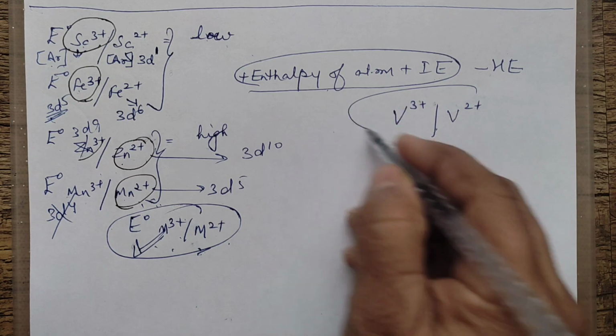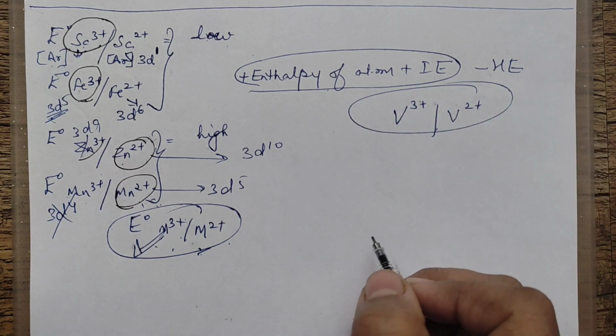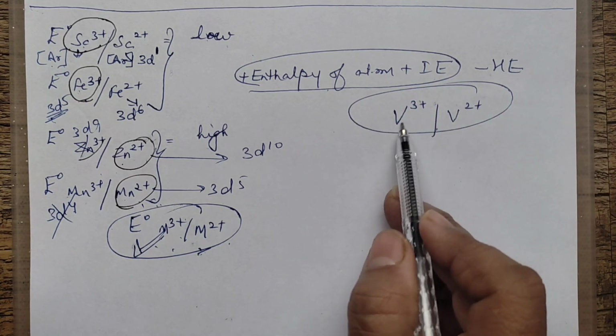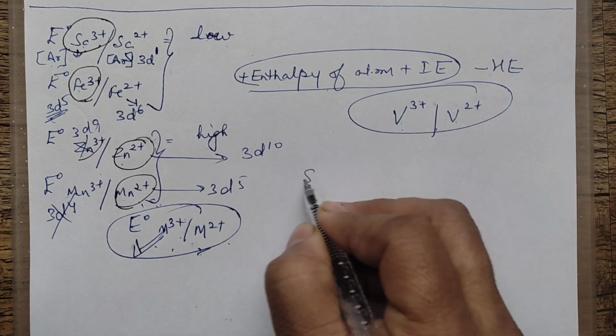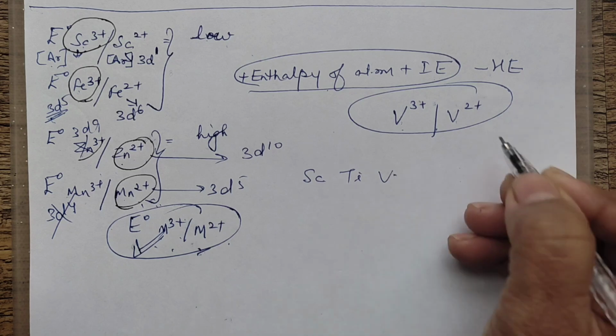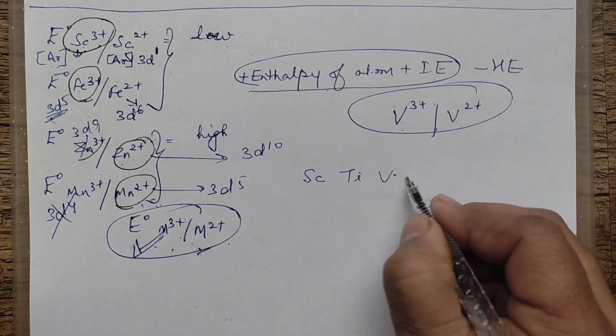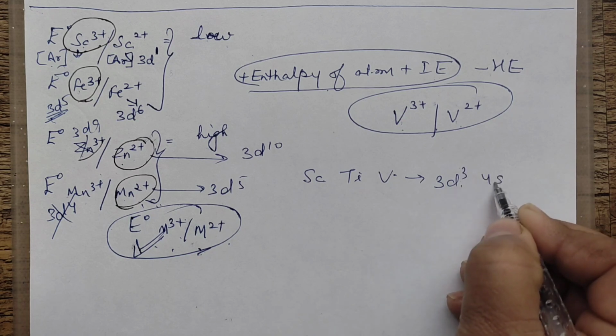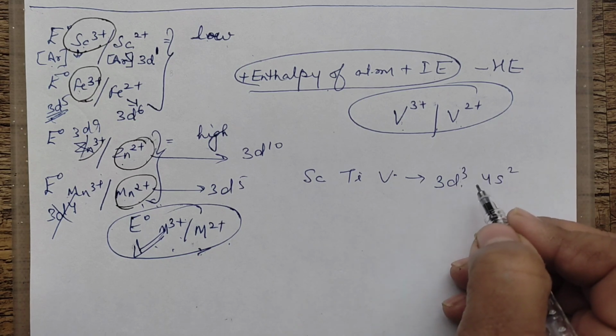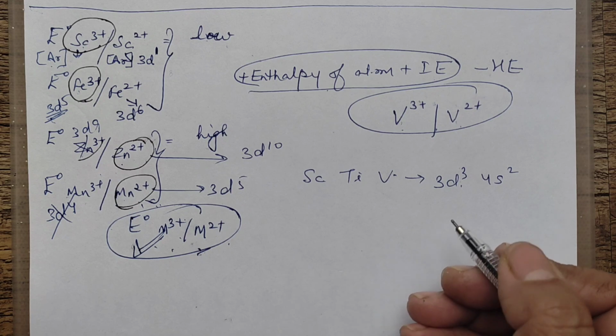Suppose I ask you about vanadium, which is more stable, out of vanadium 2+ and 3+? We'll write the configuration. It goes scandium, titanium, vanadium. The configuration of vanadium as such is 3d3 4s2. 4s2 is actually filled first as per the Aufbau diagram or n plus l rule.